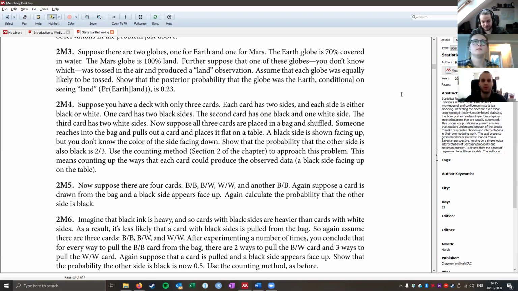Further, suppose that one of these globes, and you don't know which, was tossed in the air and produced a land observation. Assume that each globe was equally likely to be tossed. Show that the posterior probability that the globe was the Earth, conditional on seeing land, so the probability of Earth given land, is 0.23.